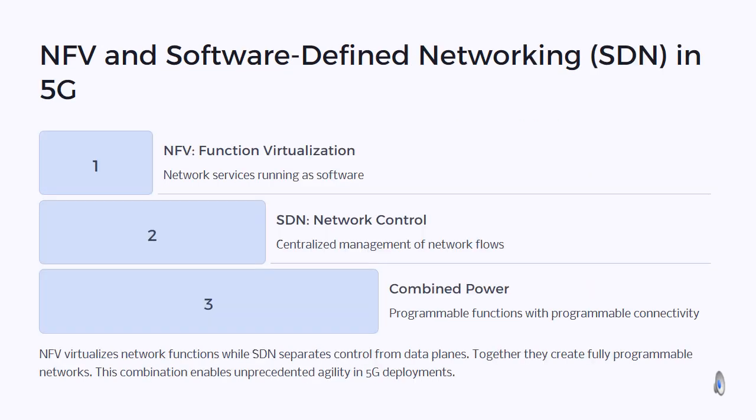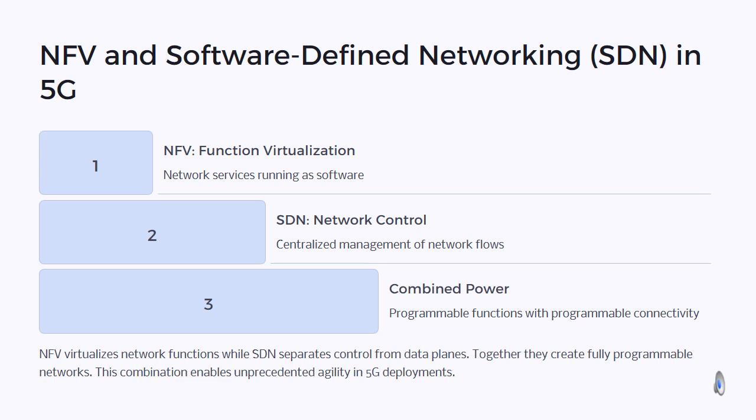NFV works even better when combined with software-defined networking, SDN. Here's how they complement each other. NFV focuses on virtualizing network functions, making them software-based. SDN separates network control from hardware, making network management programmable.